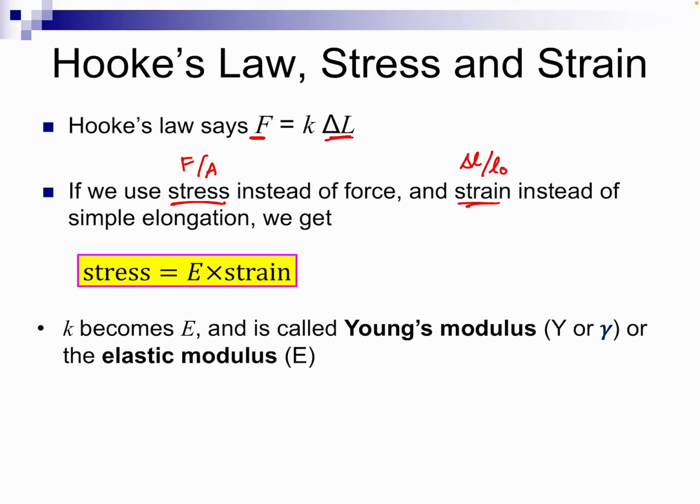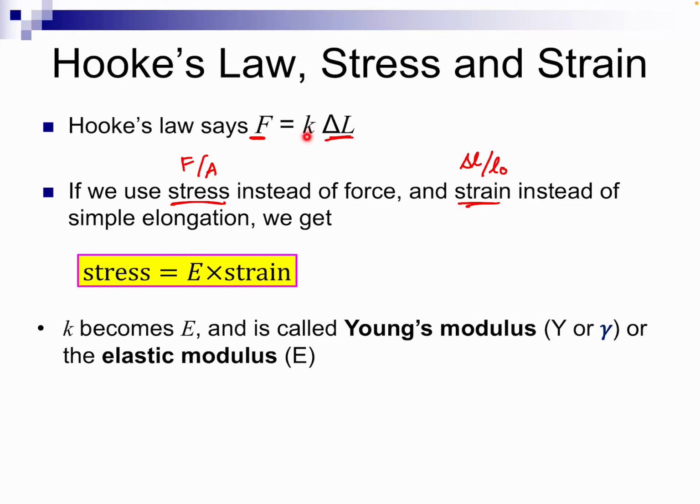So we can rewrite Hooke's law in terms of stress and strain: the strain is directly proportional to the stress. The deformation is directly proportional to the amount of stress applied to the object.